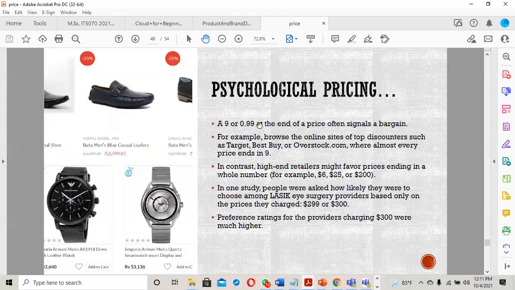So $10 and $9.99 feels like a huge difference. $1.99 feels like a huge difference, because the left-hand number is 1 rather than 2. They have done thorough research on this. It's completely psychological. That is why they keep showing us this bunch of 9s, because it has been well established that people only look at the number on the left-hand side.